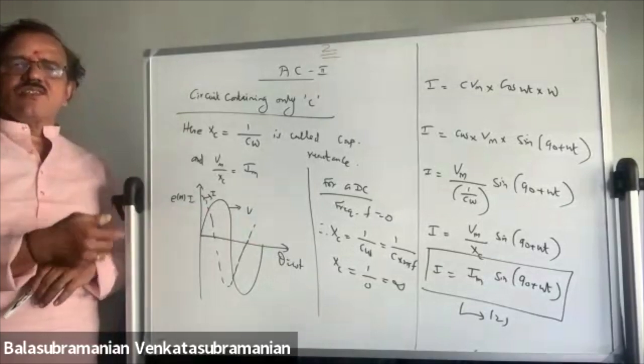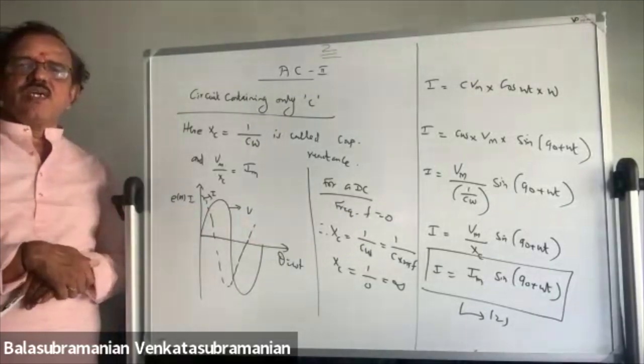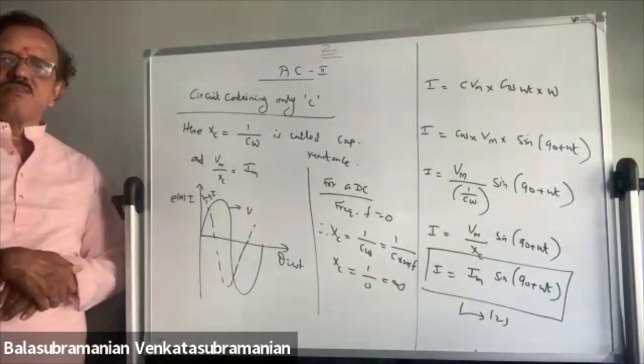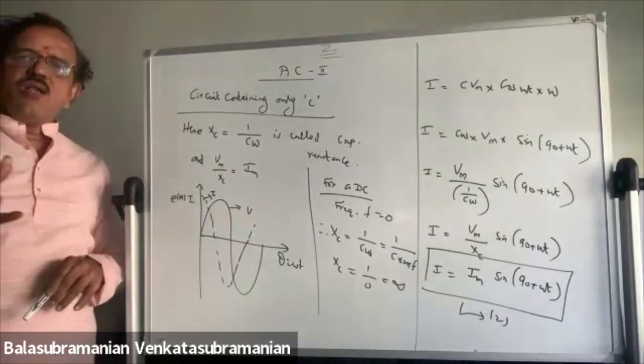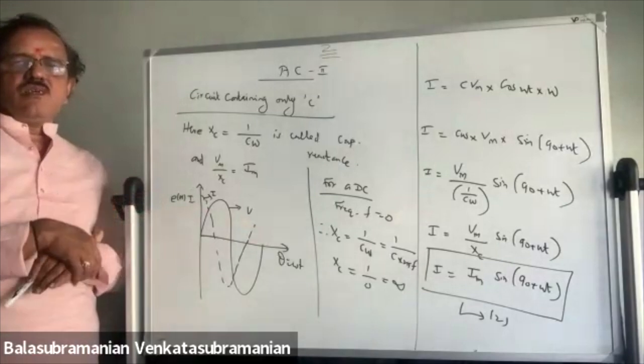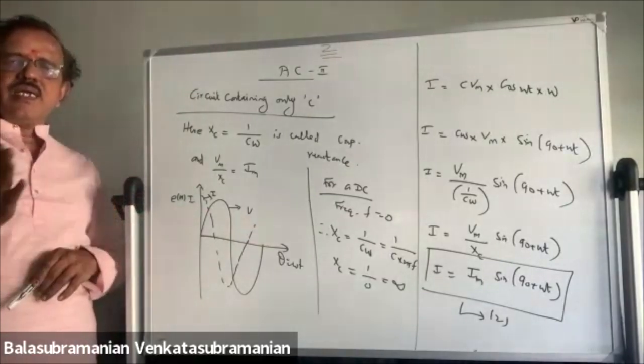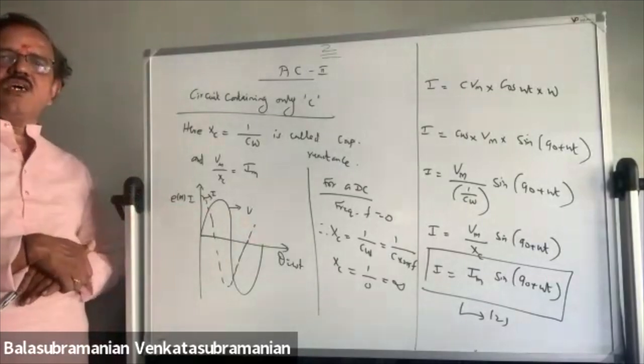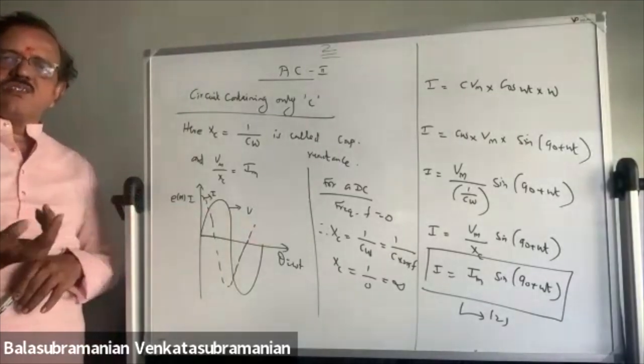For AC, Xc is equal to 1 by C omega. For DC, Xc is infinity. That means it blocks DC. Now, all the three put together, we are going to see what? Inductor, capacitor, and resistor: LCR circuit or RLC circuit.